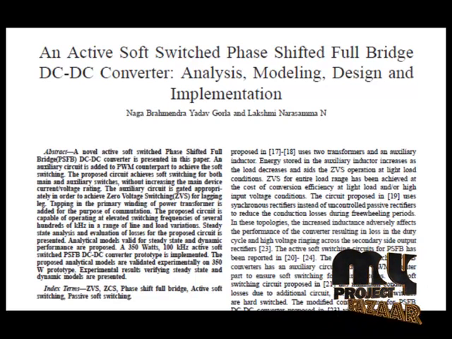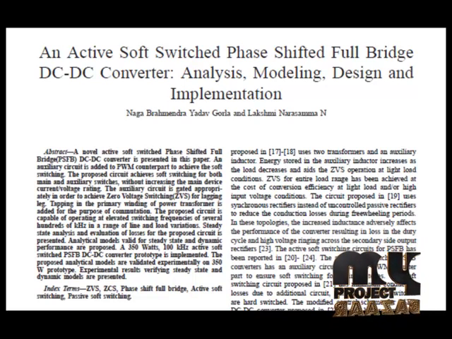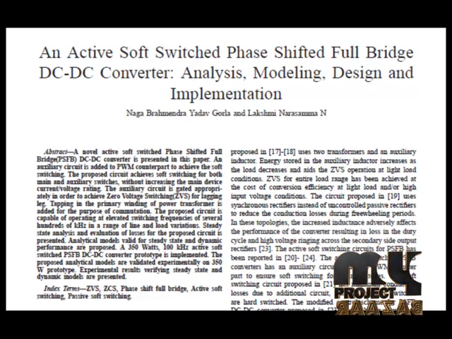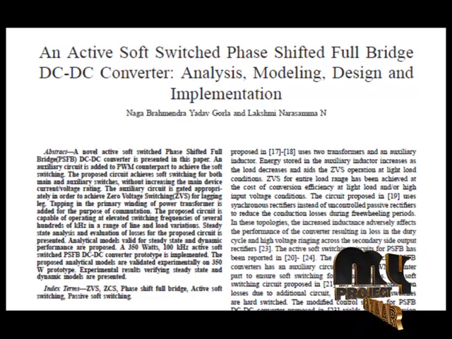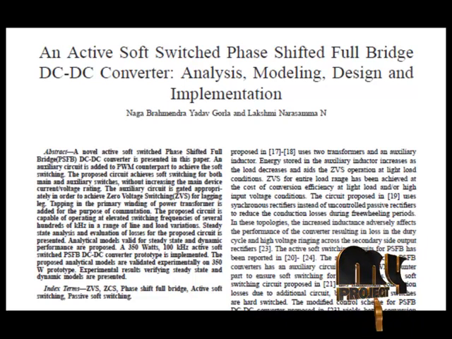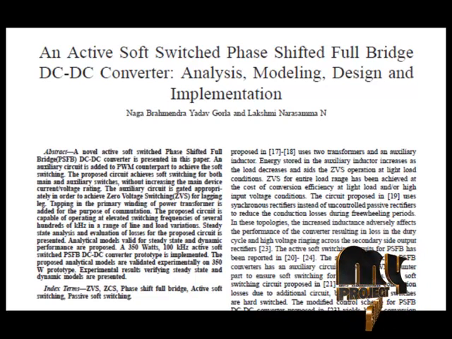Some of the auxiliary switches are not soft switched. A new active soft switched circuit for non-isolated and isolated converters is proposed. The novelty of these circuits lies in achieving soft switching for both main and auxiliary switches, and in the gating of the auxiliary switches, which are ground referred.